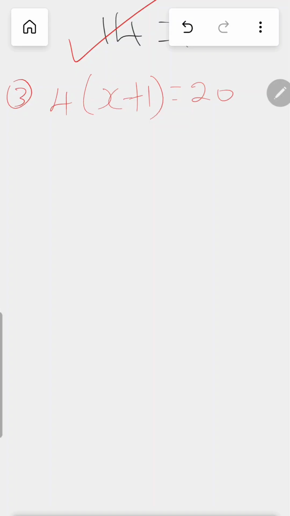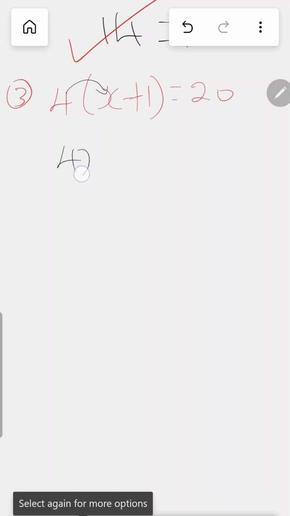Our first step is to expand our bracket. We do that by simply multiplying everything that is in the bracket by 4. So we're going to say 4 times x gives you 4x plus 4 times 1 gives you 4 equal 20.